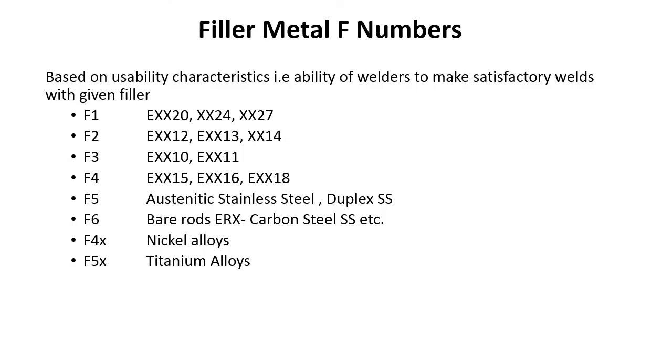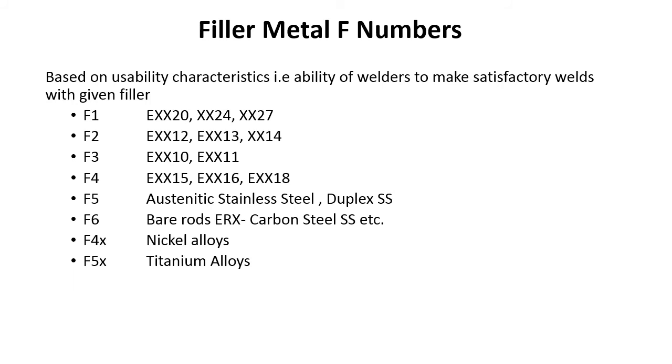Filler metal F numbers are an essential variable for procedure qualification as well as for personnel qualification. So an F number is based on the usability characteristics, i.e. the welder's ability to make satisfactory welds with a given filler material. So you can see like F1 materials are all flat because we've got a 2 in there.